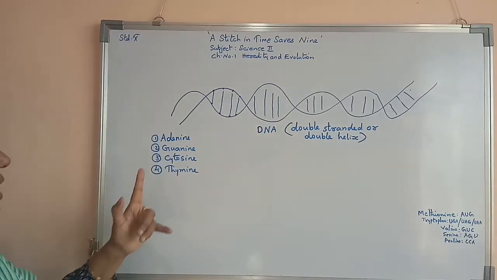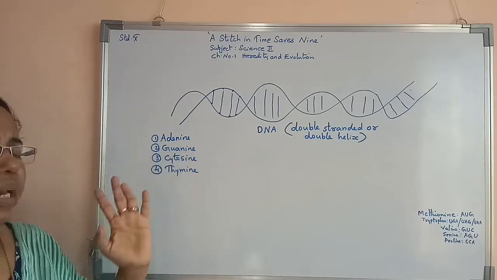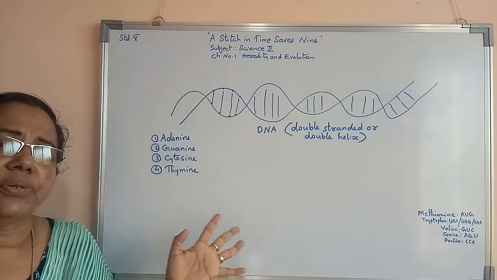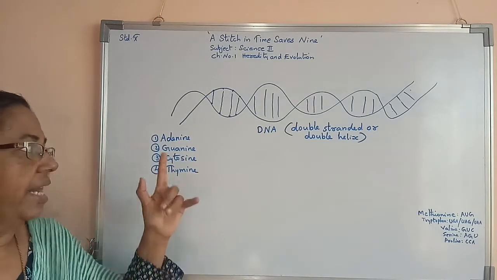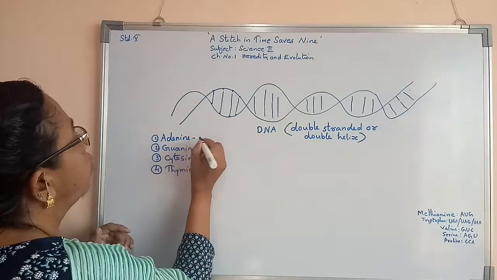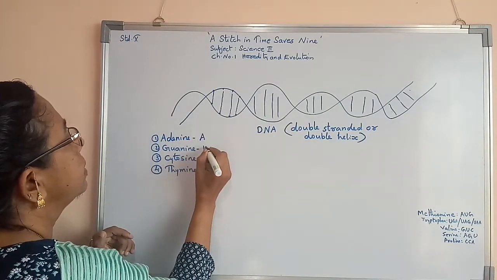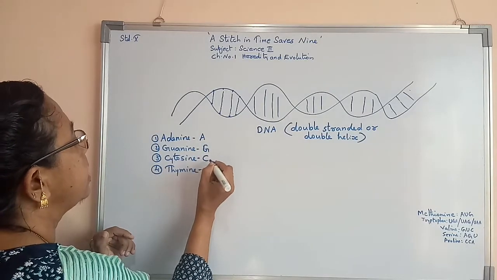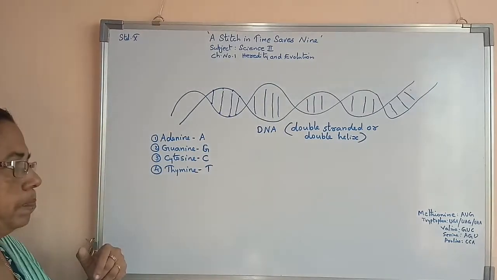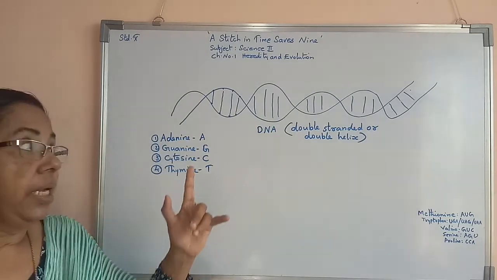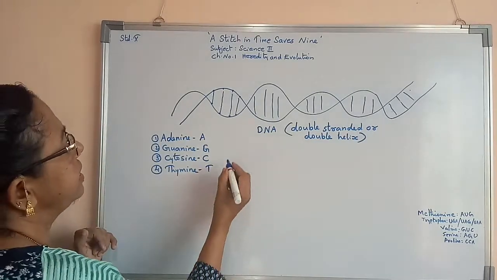So adenine, guanine, cytosine, thymine. In short form, A, G, C, then T.